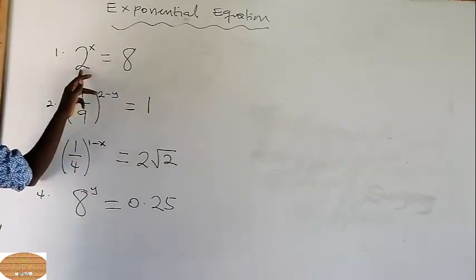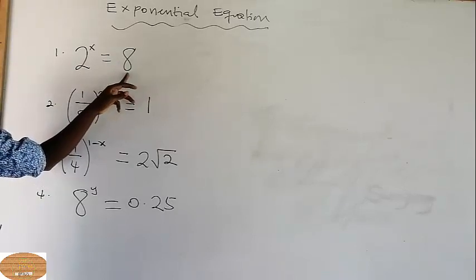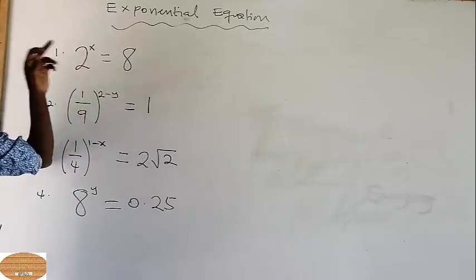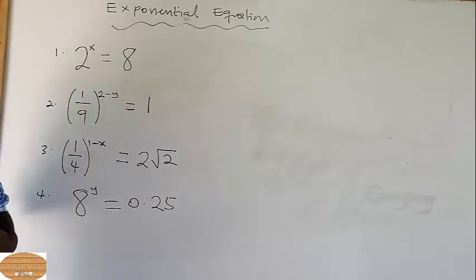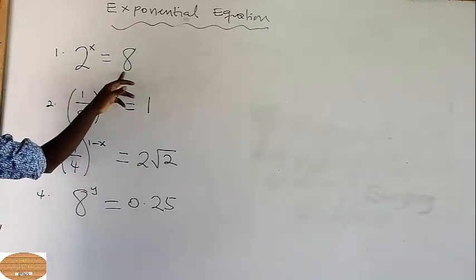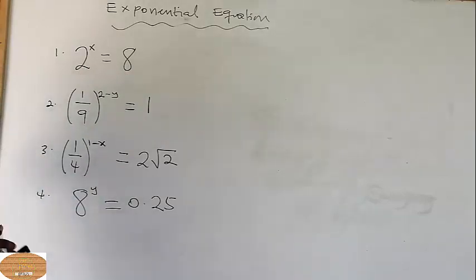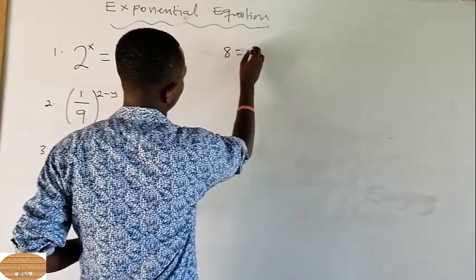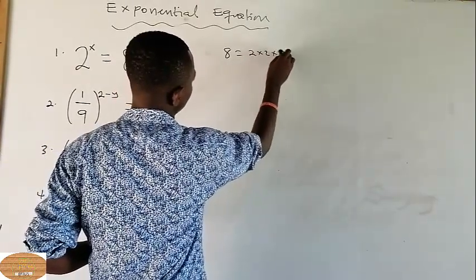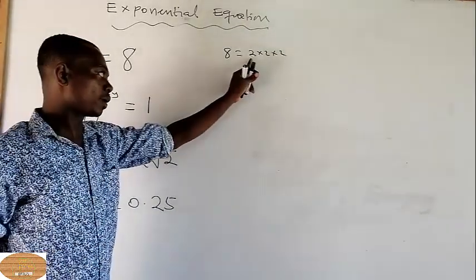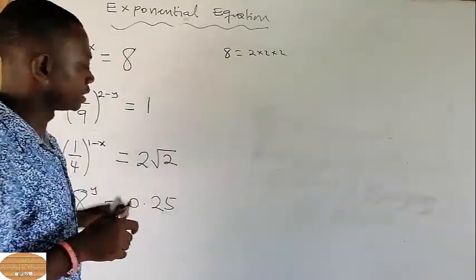This one is 2, this one is 8, so we have no option but to change this 8 to 2 to the power a number that will give us 8. We know that 8 is the same as 2 times 2 times 2: 2 times 2 is 4, 4 times 2 is 8. So 2 multiplying itself 3 times gives 8.